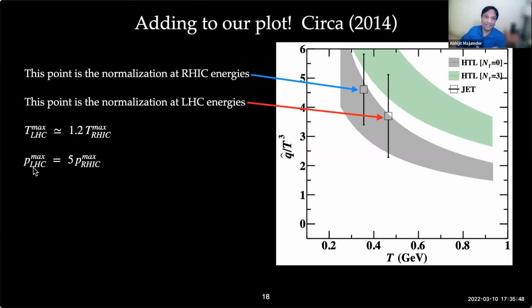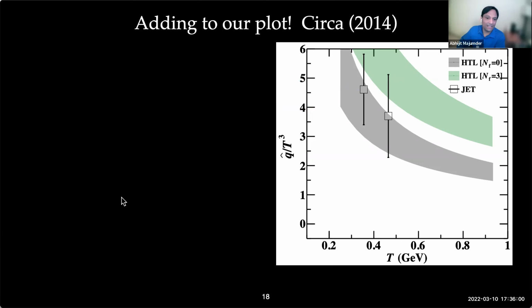Let me back up a second and say that what you saw there was leading hadrons, not completely jets yet. The momentum that went in at the LHC was 5 times larger than it was at RHIC. Okay, but never mind all that.